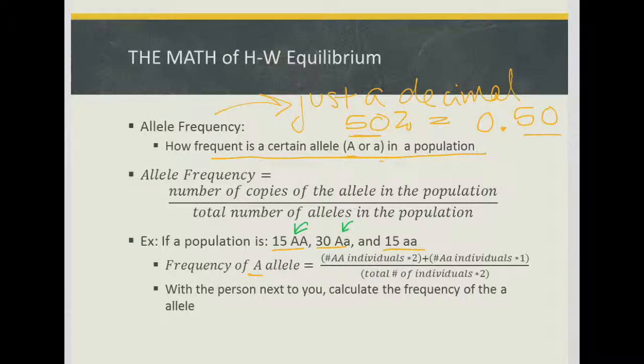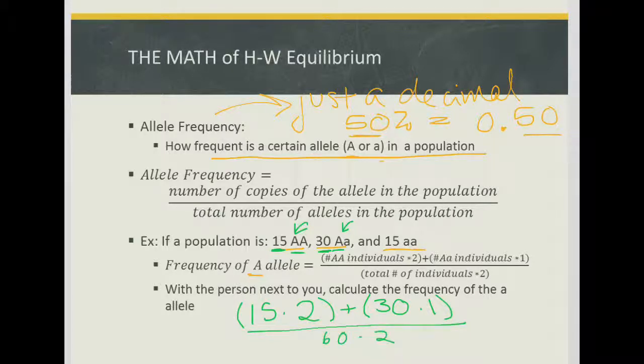So I need to take the number of homozygous dominant individuals times 2, so 15 times 2, because each of those individuals has 2 dominant alleles, plus the number of heterozygous individuals times 1, because each of those has 1 copy of the dominant allele, divided by the total number of individuals times 2, because that's how many alleles everybody has. The total number of individuals is 15 plus 30 plus 15, that makes 60, times 2.